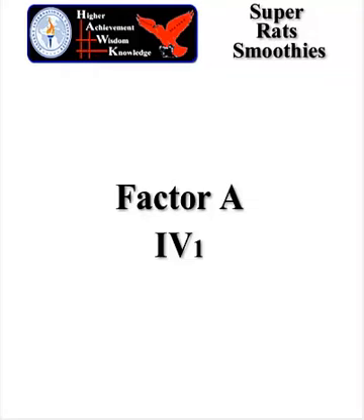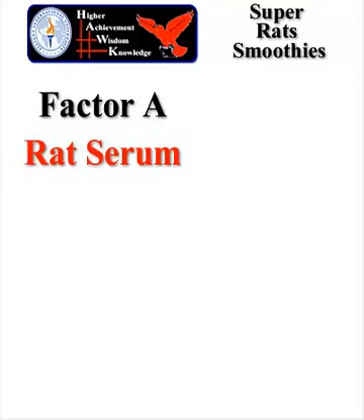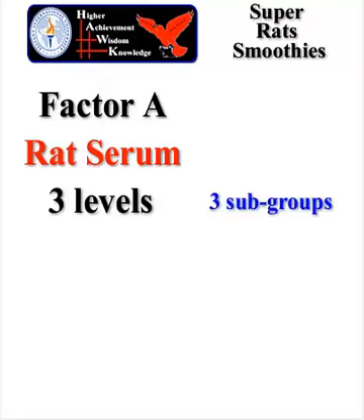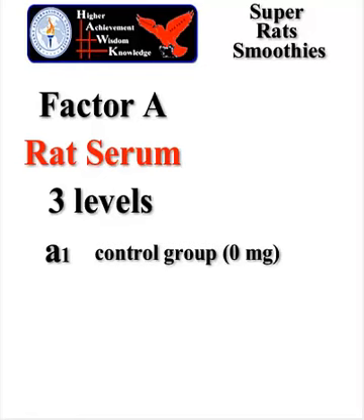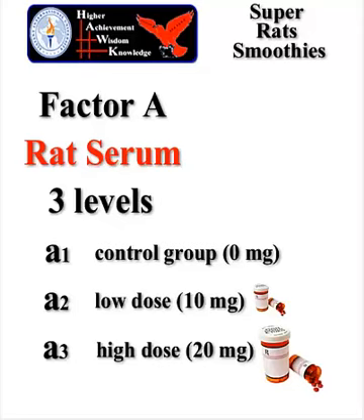So with our study, factor A is the first IV, IV1. It's the rat serum, and there are 3 different levels, or 3 different subgroups, okay? The IV is rat serum, and the differentiating factor is going to be how much they get. So the first group gets none. They're the control group. Second gets a low dose, 10 milligrams, and the third group gets the high dose, 20 milligrams.